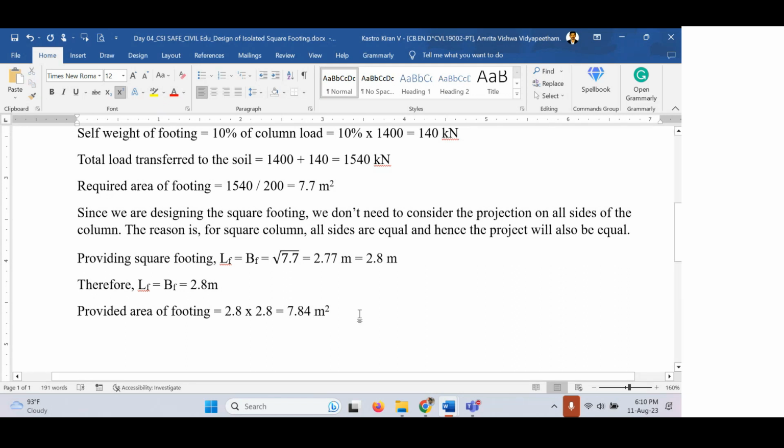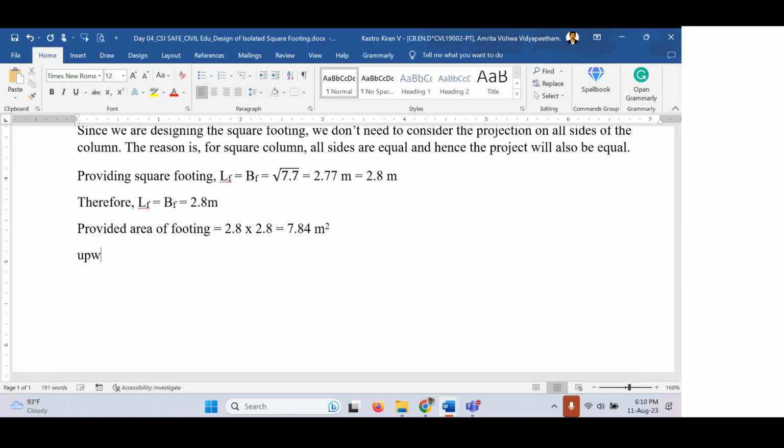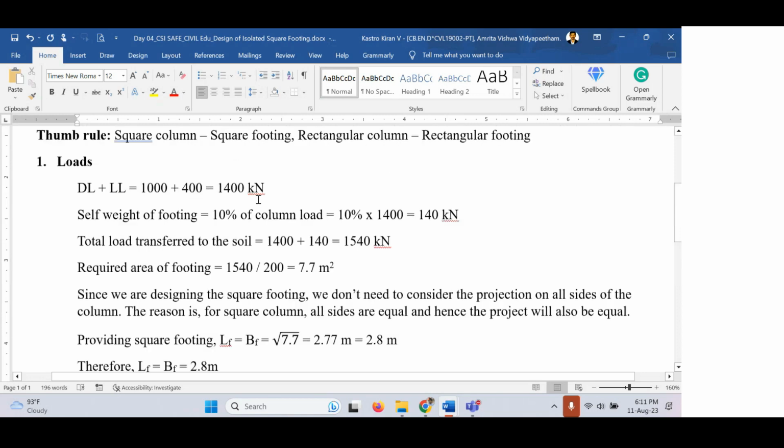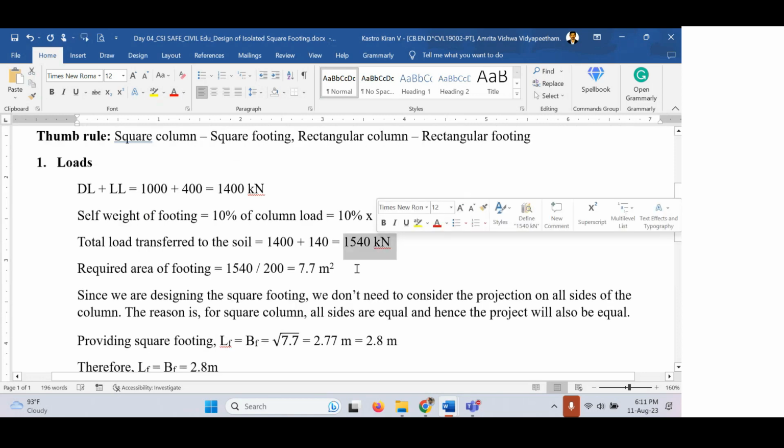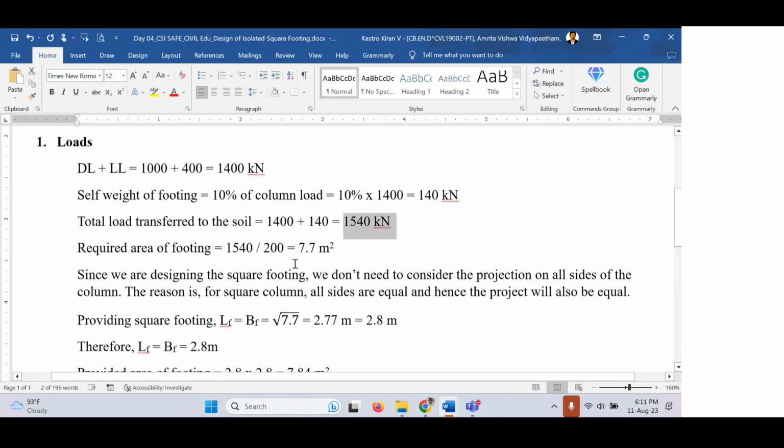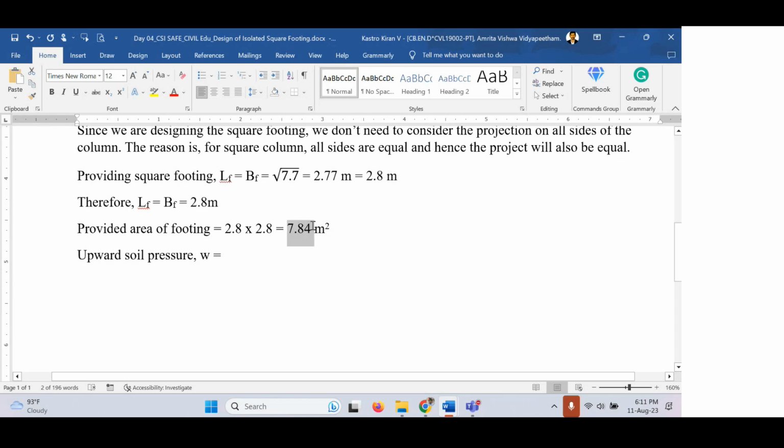Now, the next thing is we have to calculate the upward soil pressure. We decided that in the last session. So upward soil pressure equals the total load divided by the provided area of the footing.